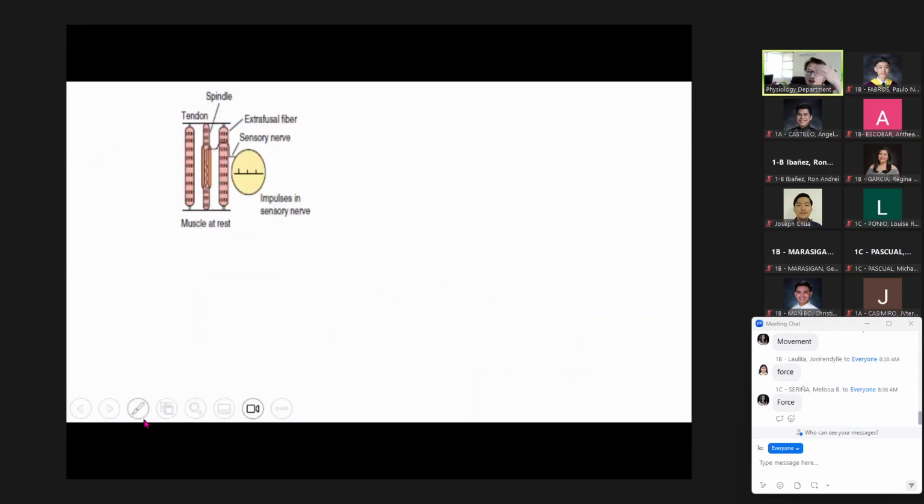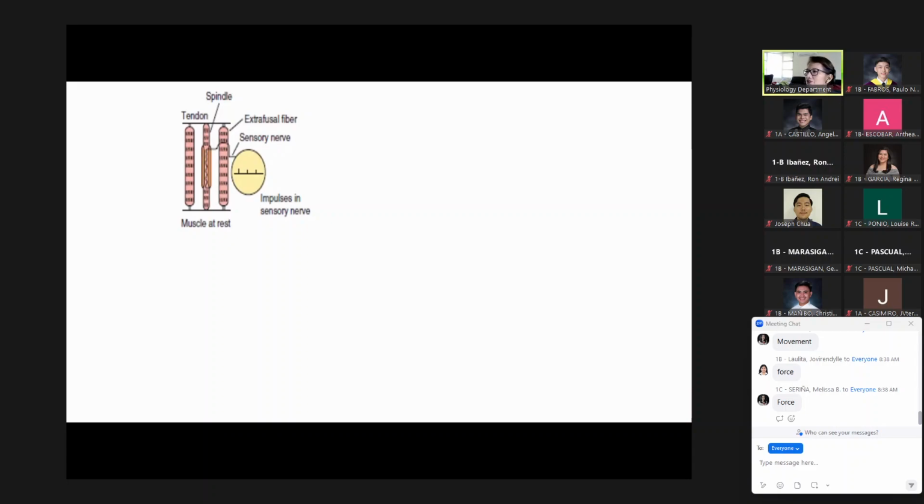Okay, ito na ngayon yung alpha gamma co-activation. What is this about? The alpha gamma co-activation makes sure that your muscle spindles are always responsive. Responsive sila dapat even if your muscles are shortened. They are most responsive, of course, if the muscles are lengthened.